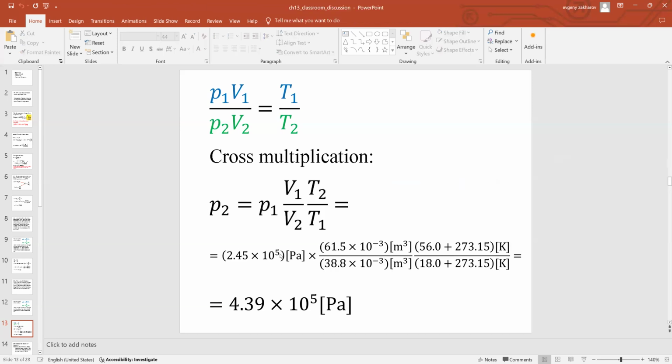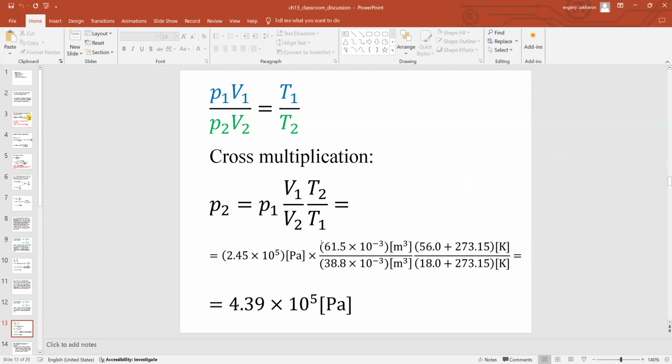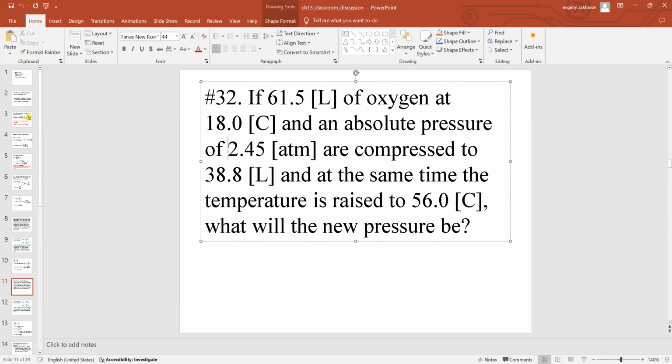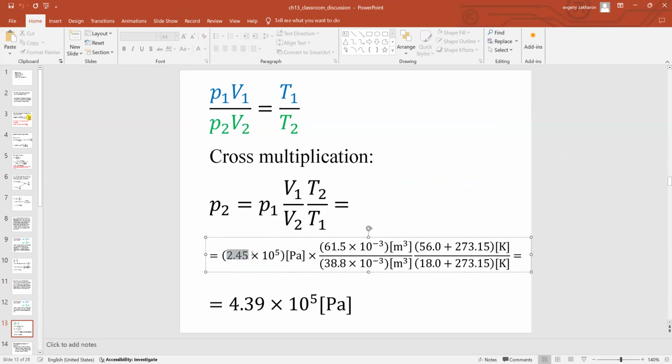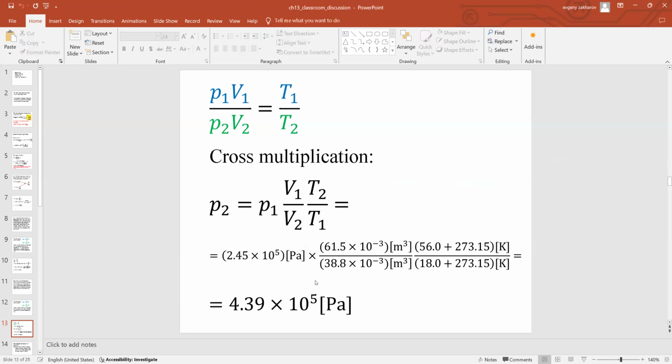And it's a little more calculations. And it's mostly conversions rather than calculations themselves, because if it's pressure, it must be in pascals. And it's given as what? 2.45 atmospheres. So this time it's 2.45 times 10 to the power of 5, because one atmosphere is 100,000 pascals.